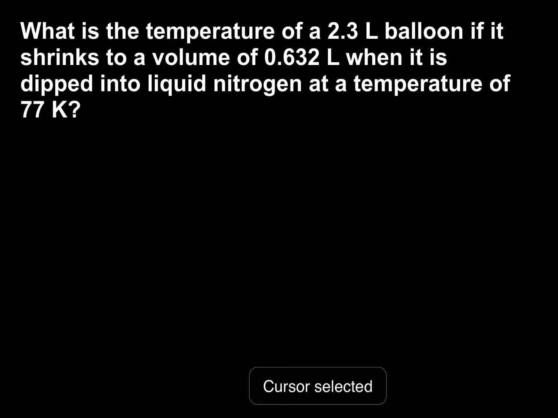In our last example here, we have: what is the temperature of a 2.3 liter balloon if it shrinks to a volume of 0.632 liters when it is dipped into liquid nitrogen at a temperature of 77 Kelvin?